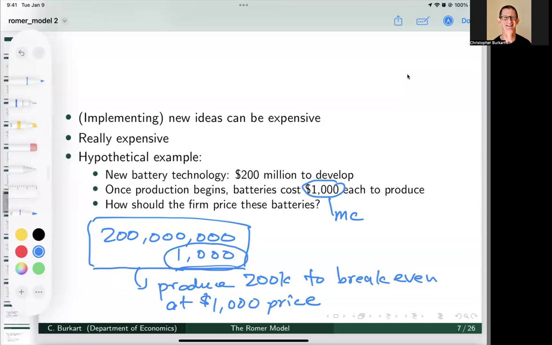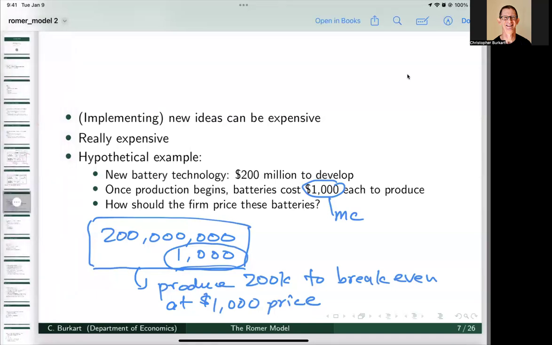So the idea here is that we can't price at marginal cost. We need to price at something above that. When we get really large, with really large economies of scale, then we can start to benefit from that. But ideas are really expensive. I don't want to get bogged down here in some of the micro stuff, but I want you to be aware.